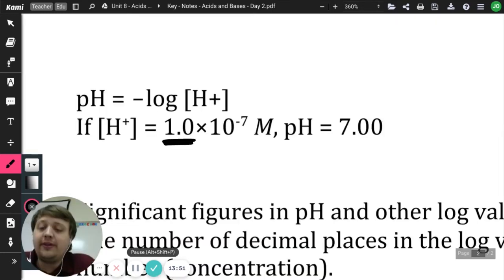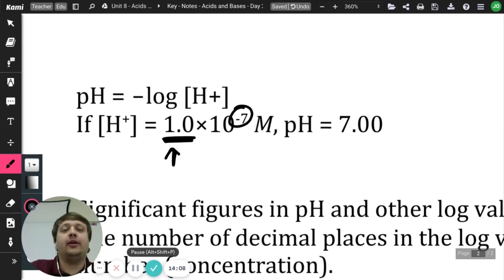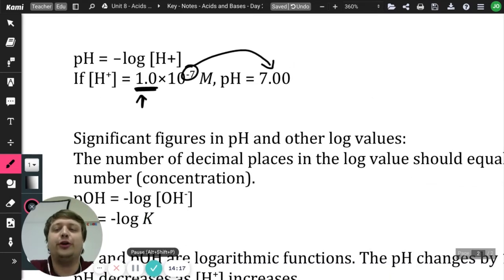One thing I do want to point out is that if we've got 1.0 times 10 to the negative 7, and your mantissa, those numbers in front of the x, is 1, then we can just take this exponent, this characteristic, and it's going to equal our pH. That's just a math trick to help you out if you need to take a shortcut in terms of time.